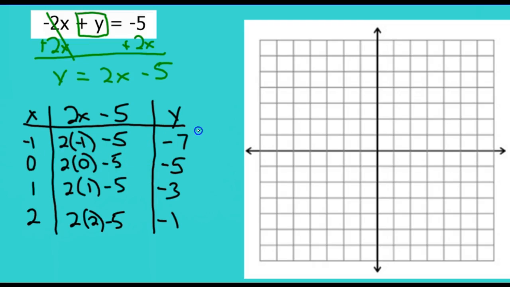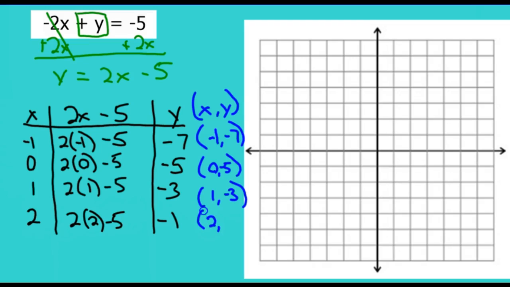So now we have to graph this. Our point is negative 1, negative 7 for this one. 0, negative 5 for that one. Remember, we're going for our x and our y. 1, negative 3, and 2, negative 1. So negative 1, negative 7, 1, 2, 3, 4, 5, 6, 7.